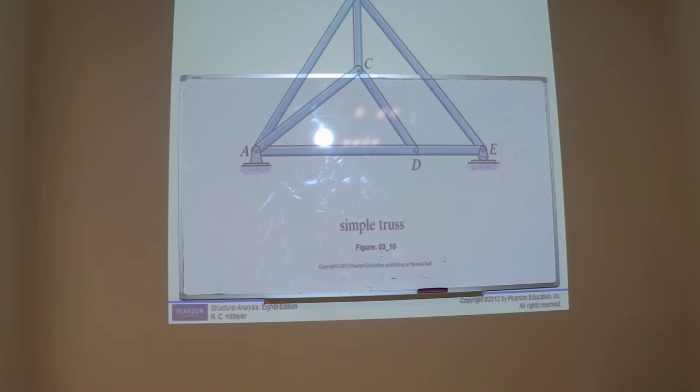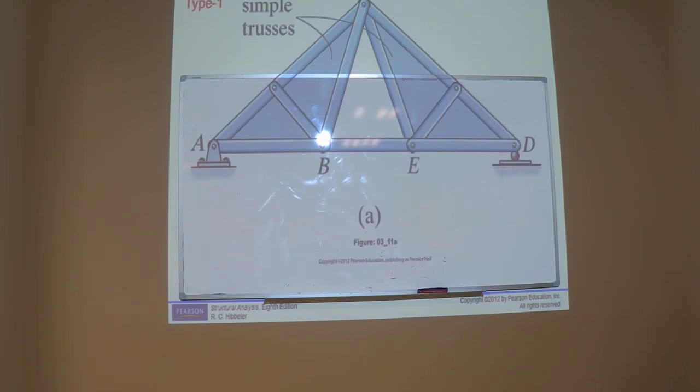So we have to think about trusses. What is a compound truss? A compound truss is the type of truss in which there are two or more simple trusses.